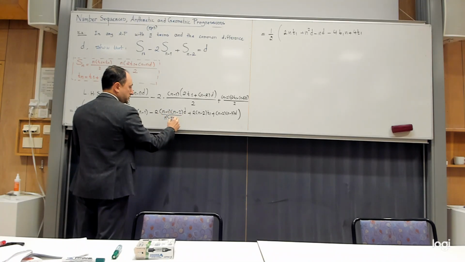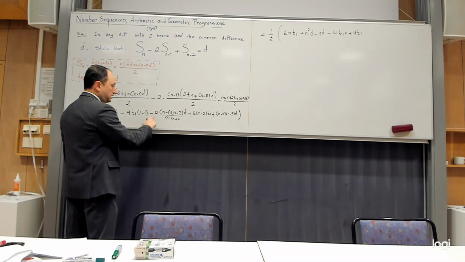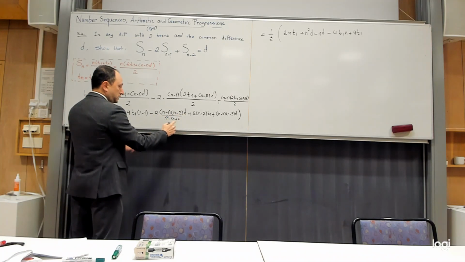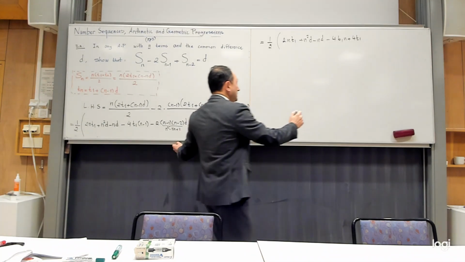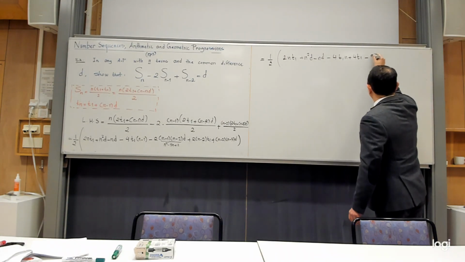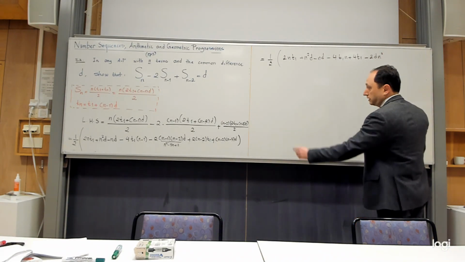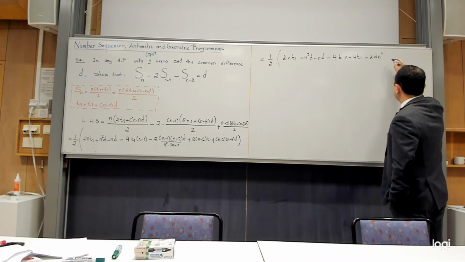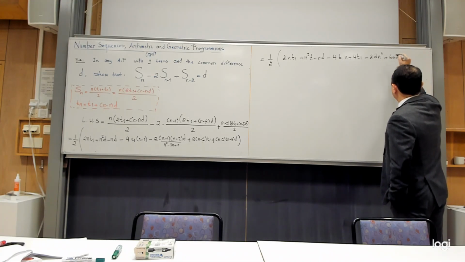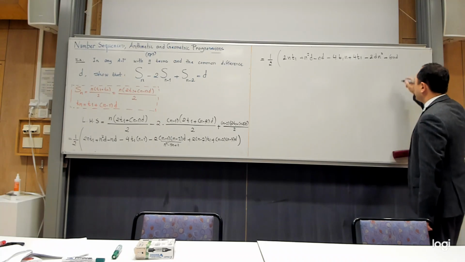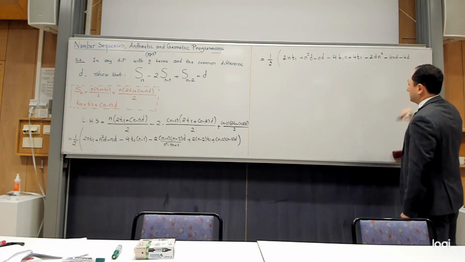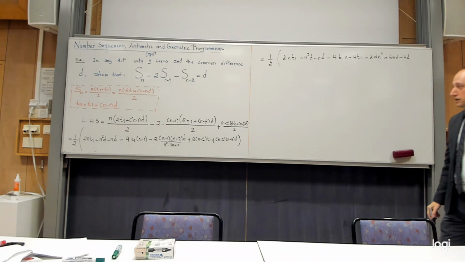This becomes positive 2. Yes? And then I multiply it by minus 2d. So it becomes minus 2d n squared. And the next one is positive 6nd. And the last one is minus 4d. Agree with me or not?